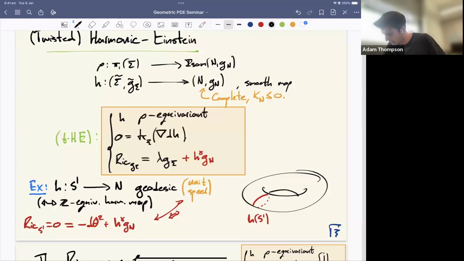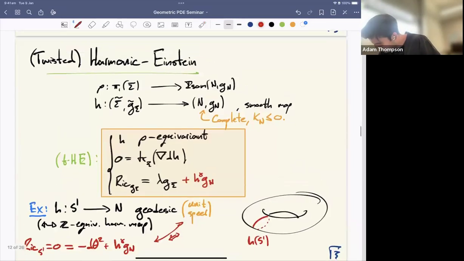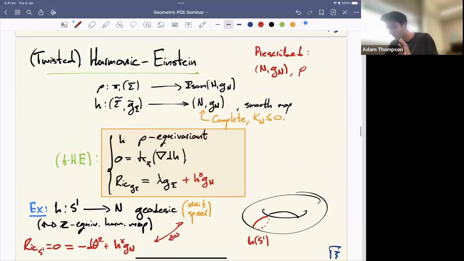So the prescribed data is this (N, g), the target manifold, and technically the rho should also be prescribed. And so then what we want is this pair, (g_Σ, h), so the metric on the domain and h.